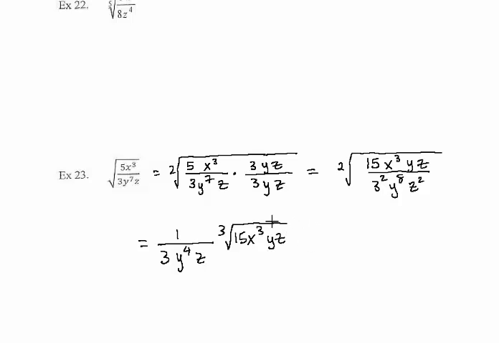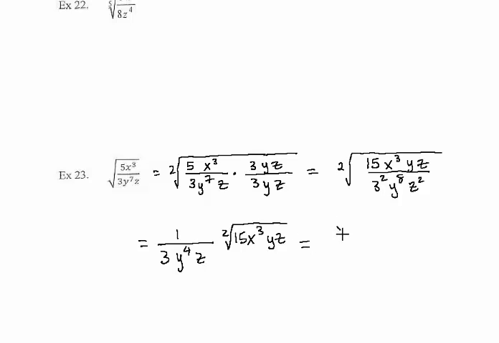Alright. However, we're not done simplifying because you see, that's not supposed to be a 3 there. I don't know why I wrote the index as a 3. It's a 2. We have enough x's to bring one out on the top. There's 3 inside. We only need 2 according to our index.